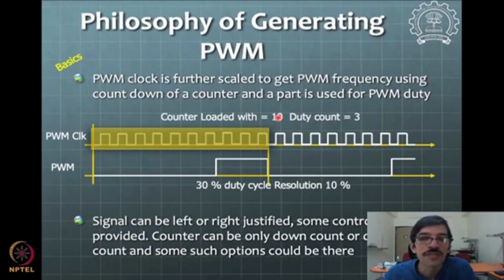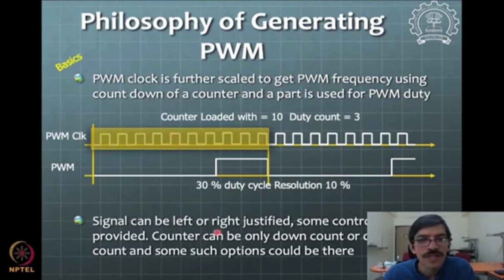Given a scenario where I want the best possible resolution, I need to have the PWM clock frequency at a much higher value, so that I'll have a lot more counts. Because the PWM frequency is fixed by the application, to have more cycles in the same PWM period I need the PWM clock frequency to be higher. So one can start thinking like that. This is the basic idea.